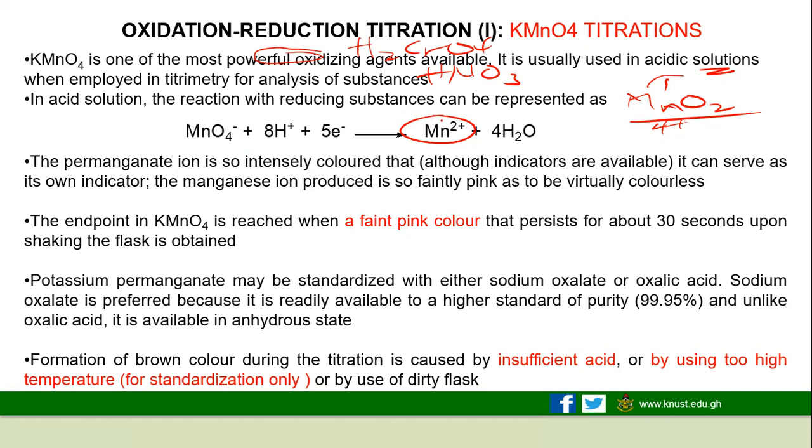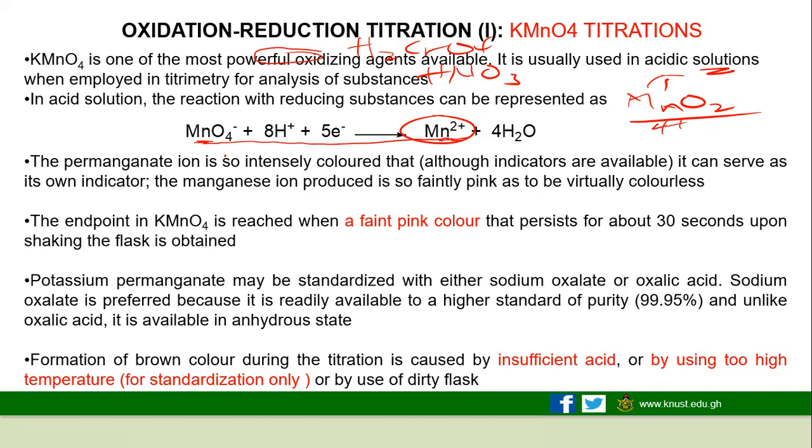Now we are seeing that in acidic solution, the reaction with reducing agents can be represented by the ionic equation here, the MnO4- ion changing to the Mn2+ ion. That is the actual transformation. This is the purple color, and this is the colorless or faint pink color.